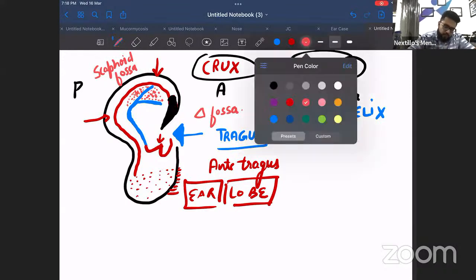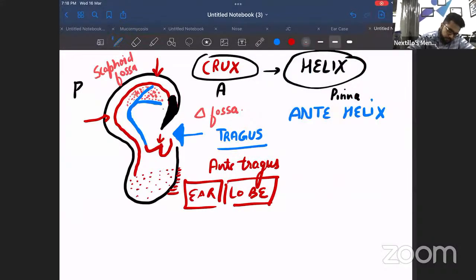Now, if you see, there are two depressions also. The depression here, till you reach the opening of the EAC, is called the concha. Now, this concha is being divided into two by this part of the helix. So, what is this part of the helix? This is called the crux of the helix.